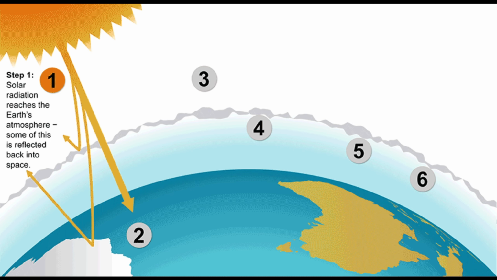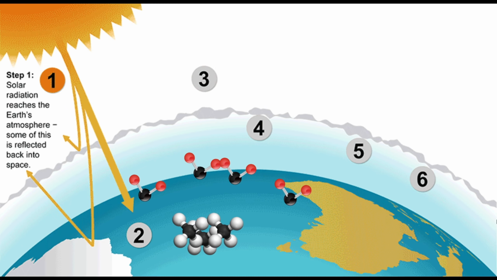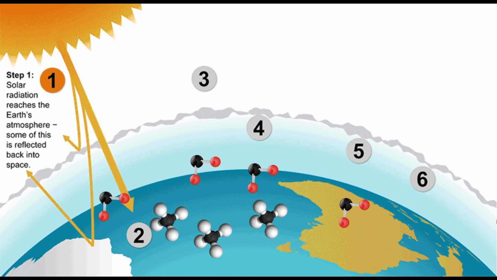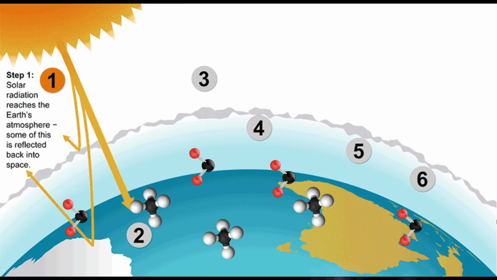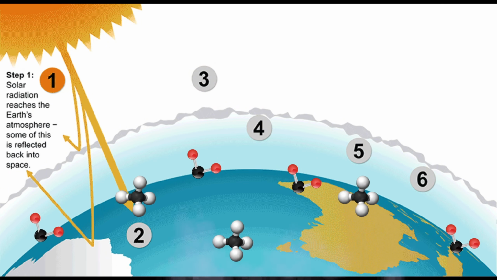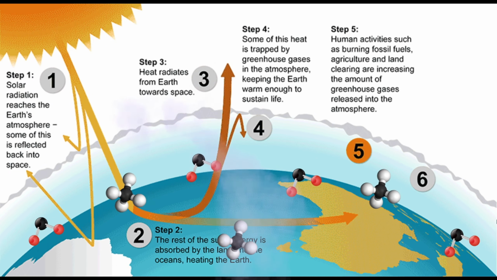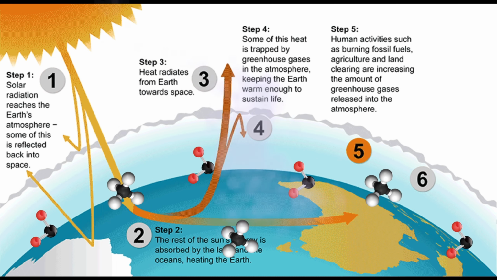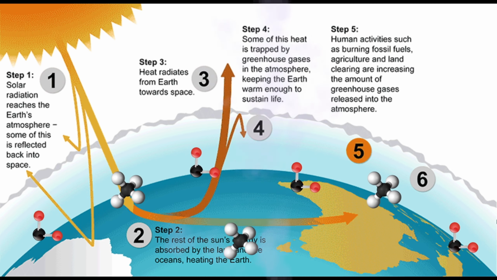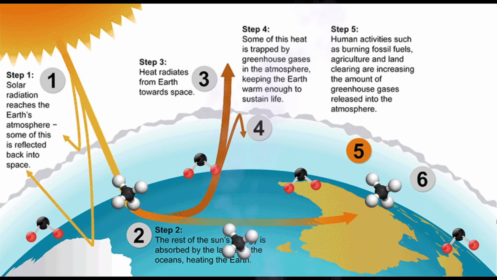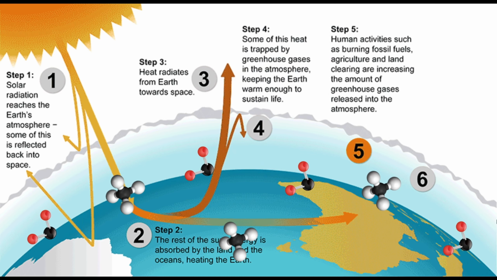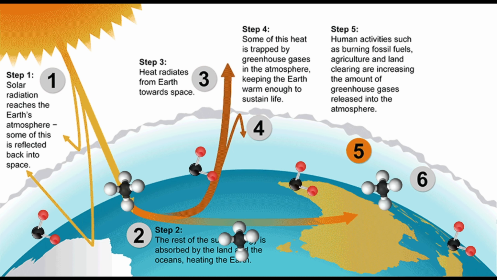The chemistry behind it is that certain gases in the atmosphere, such as carbon dioxide, methane, and water vapor, absorb this infrared radiation. These gases are called greenhouse gases. They trap heat and radiate it back towards the Earth's surface. This keeps our planet warm enough to support life. Without the greenhouse effect, the Earth would be freezing.